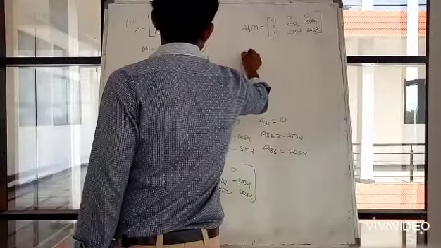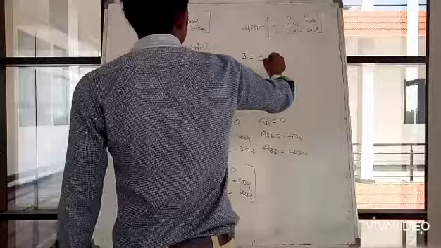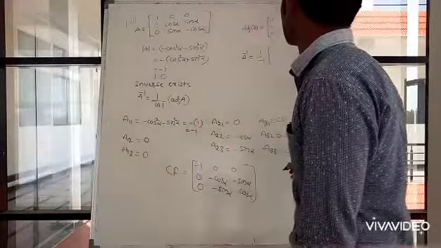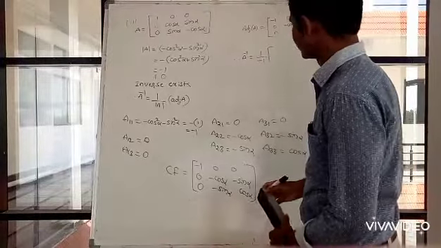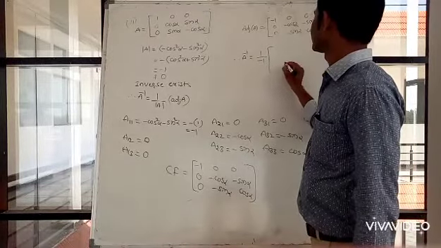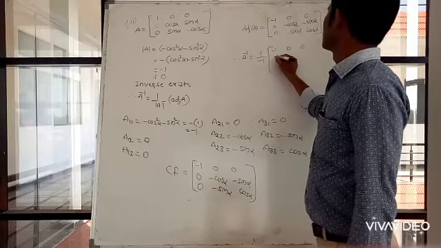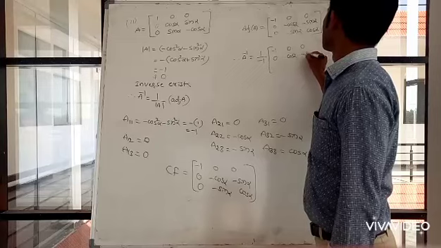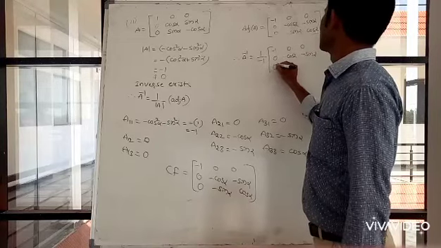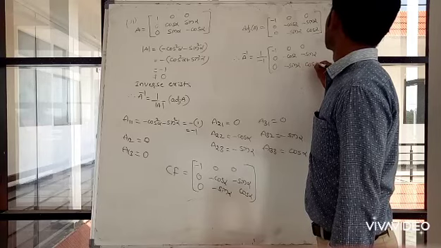Therefore, A inverse is equal to 1 upon minus 1 into the adjoint. Write the adjoint now: minus 1, 0, 0; 0, minus cos alpha, minus sin alpha; 0, minus sin alpha, cos alpha.